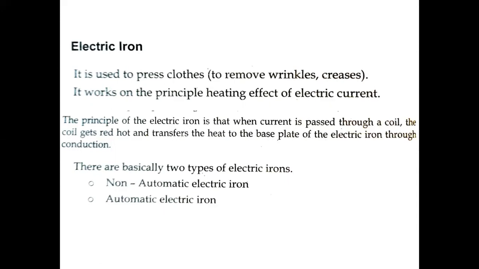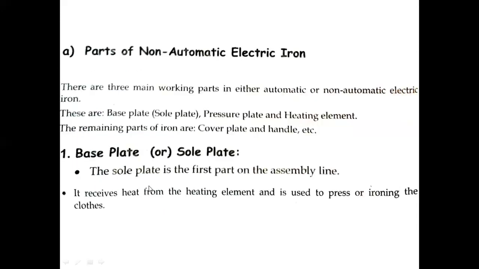There are two types of electric irons, non-automatic electric iron and automatic electric iron. Parts of non-automatic electric iron: there are three main working parts in either automatic or non-automatic electric iron: base plate, pressure plate, and heating element. The remaining parts are the cover plate and handle.